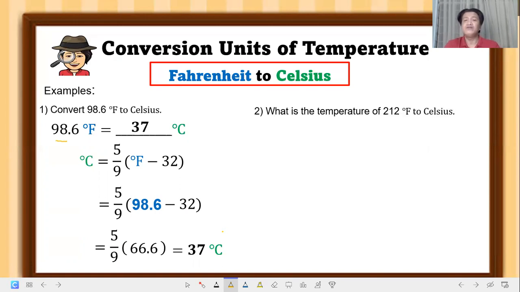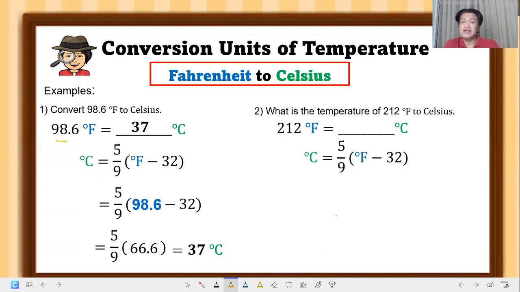What is the temperature of 212 degrees Fahrenheit to Celsius? Okay, same pa rin yung procedure natin. I-rewrite lang natin siya, nakasymbol. Meaning to say, you are going to write the formula. Take note yung formula natin, no? And you have to replace the given 212 dito sa ating formula, doon sa F. Okay, that is the Fahrenheit. You are going to replace and unahin mo dyan, i-subtract.